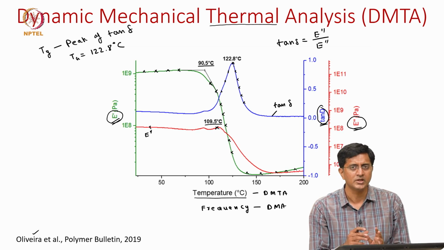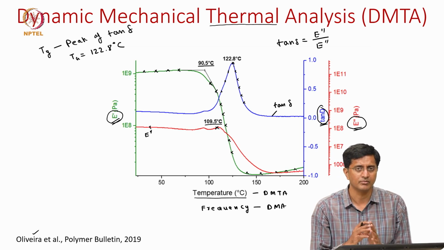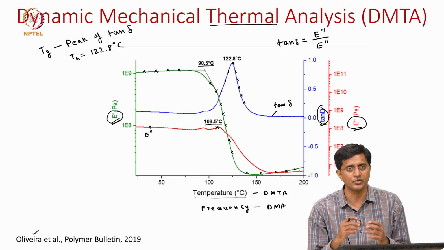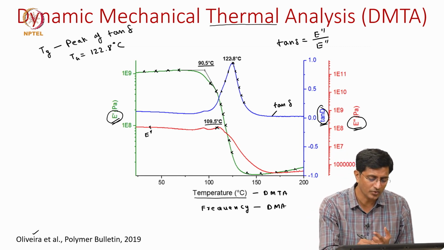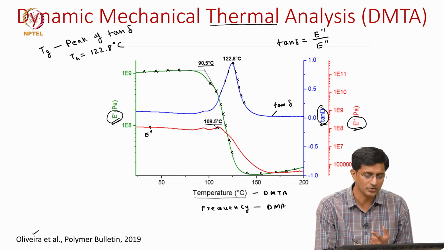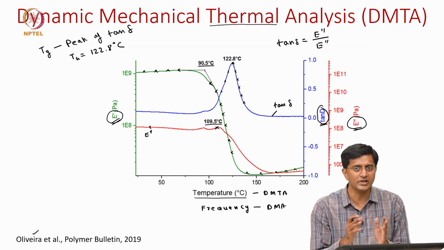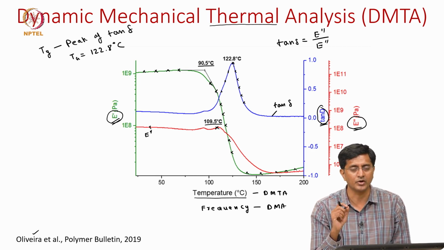As we notice, depending on your definition, whether you are looking to find the glass transition temperature based on tan delta, you have it at 122. If it is based on the storage modulus, 90, and based on the loss modulus, it is 110. The variations are huge. So, it is very important to report this glass transition temperature also with the method by which you are reporting it.